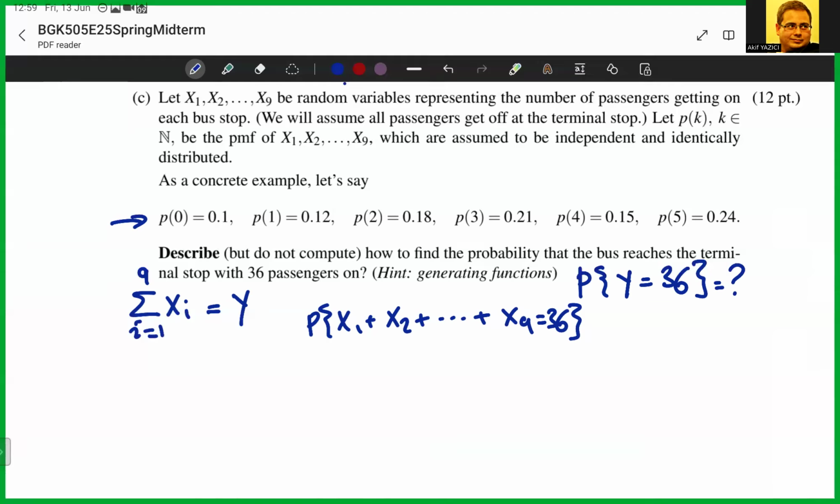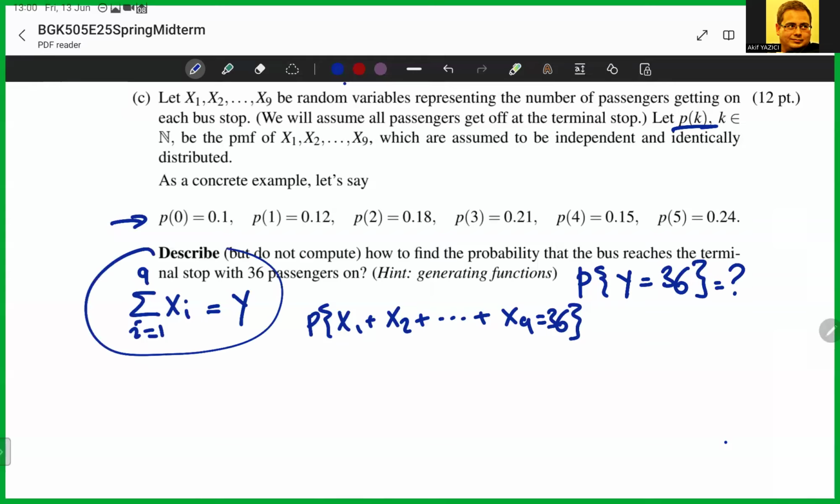You can do that using computers, but there is a much easier way. Suppose you are given P of K, the distribution of each of these X's, and I want their sum. And I know that they are all independent.